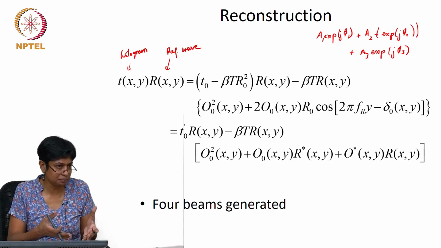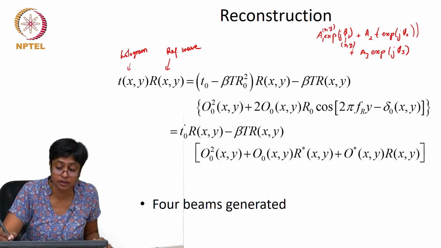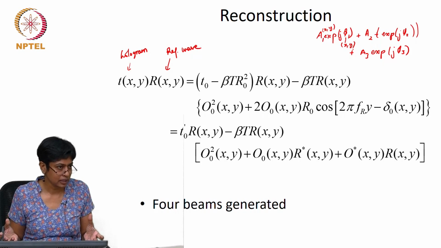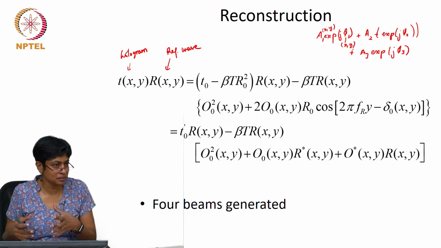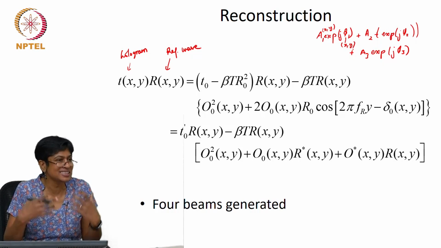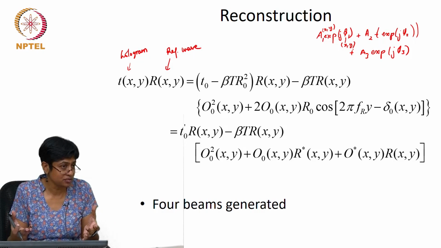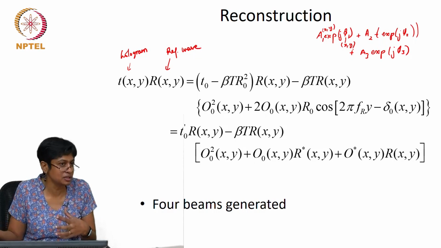It has a certain amplitude. In fact, that amplitude may be a function of x and y, the phase may be a function of x and y, right. Each of these I could consider as a beam. When I say take this beam plus this beam plus this beam, it means all 3 beams exist simultaneously. Buried in that phase information would be information on which direction this beam is traveling.